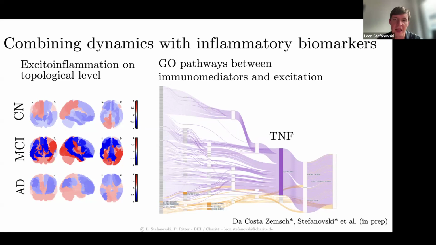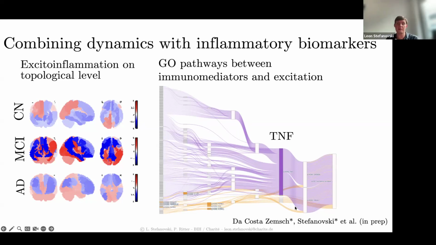And when we analyzed the pathways going from all the potential immunomediators towards excitation, we actually also saw, as you see here in the Sankey diagram, that most of them travel through the tumor necrosis factor. So it's also quite plausible that this is a main mediator.